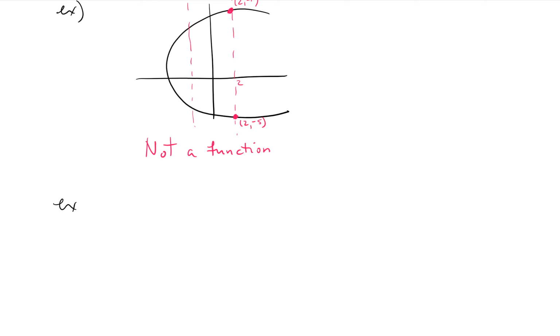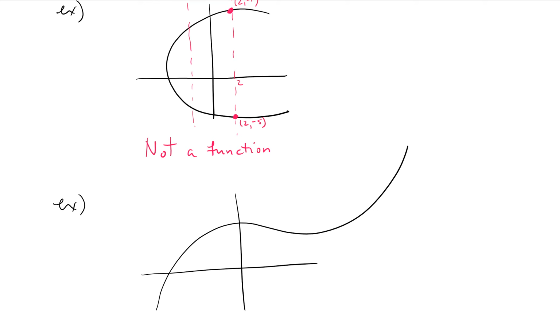Let's look at another one here. I've got something that looks like this. If I draw a vertical line anywhere, you can actually see that I'm intersecting this graph in only one point each time. Right? It intersects here only, here only, here only, here only, here only.